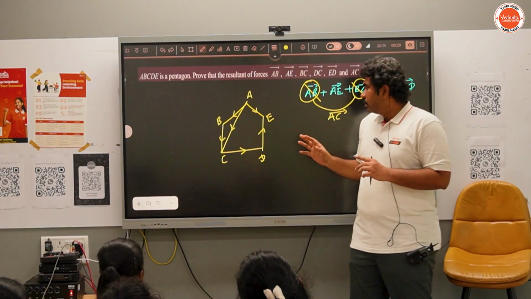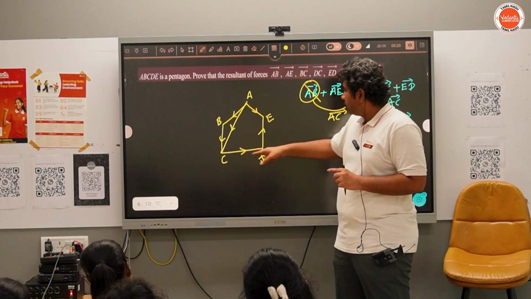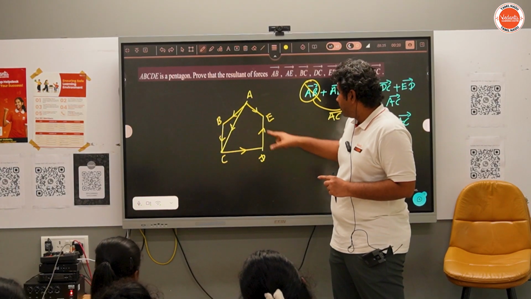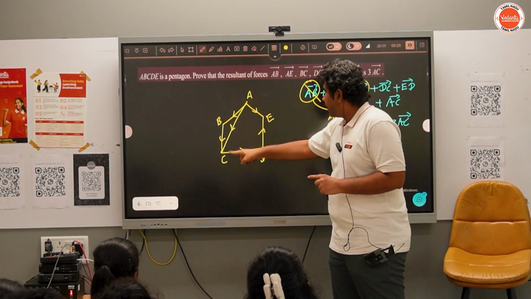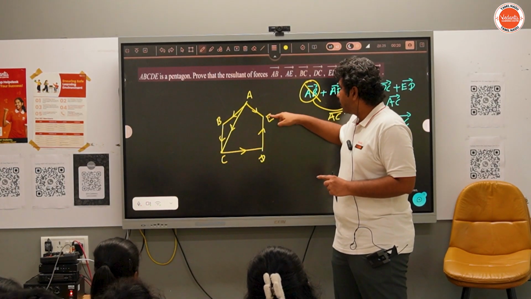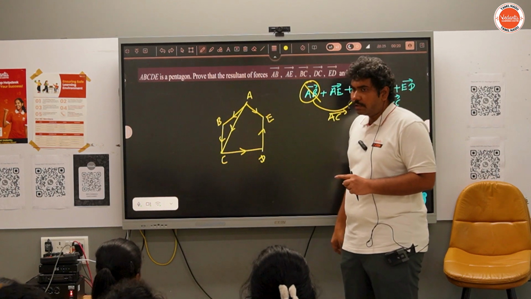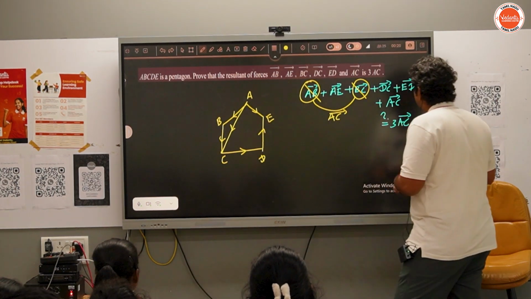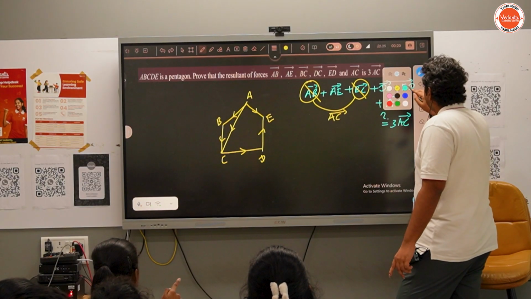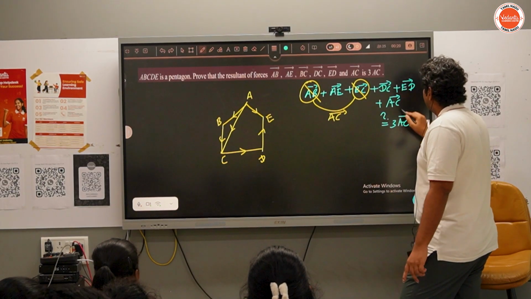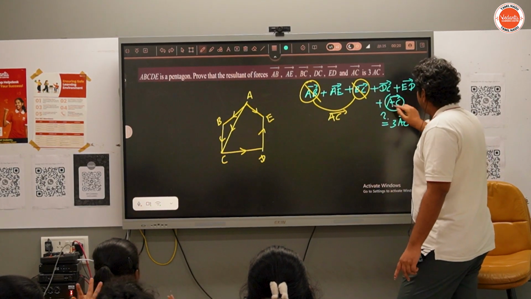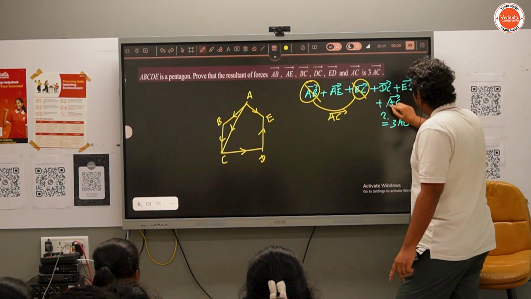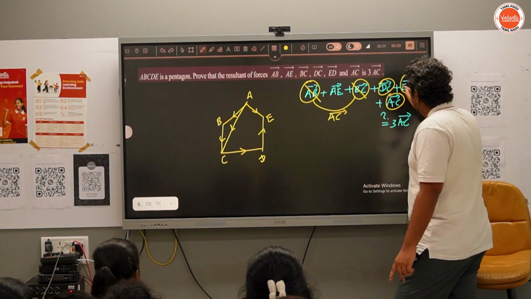So here AE vector can be written as AC plus CD plus ED.